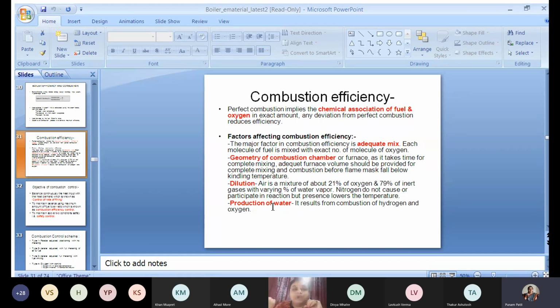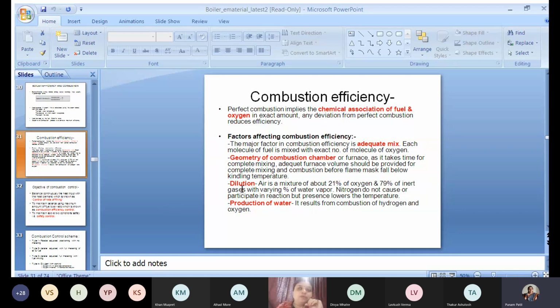So it is not helping in the combustion, but it is reducing the temperature or the heat produced in the combustion chamber. So excess amount of air is not required or not advisable, because if the excess air is available, oxygen is utilized, but the inert gas, that is nitrogen gas percentage is more, and because of that the temperature reduction is there. That factor is called dilution.